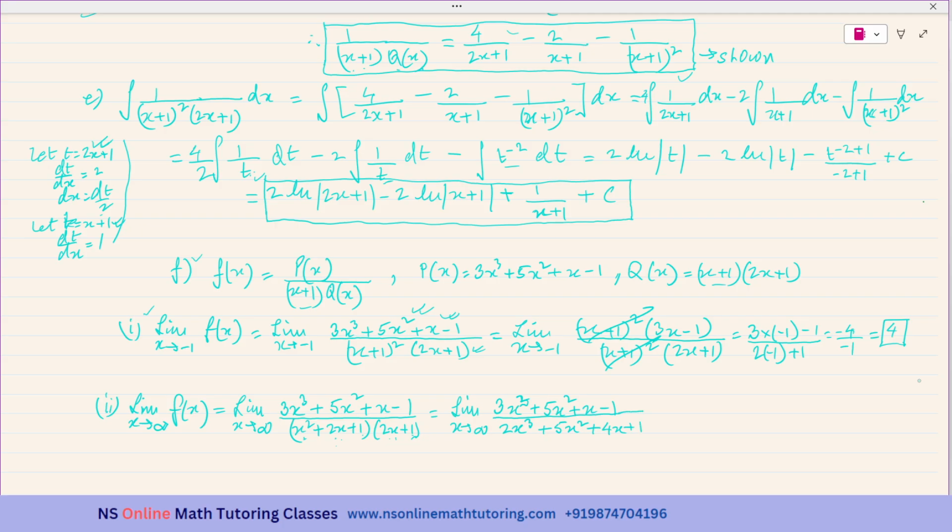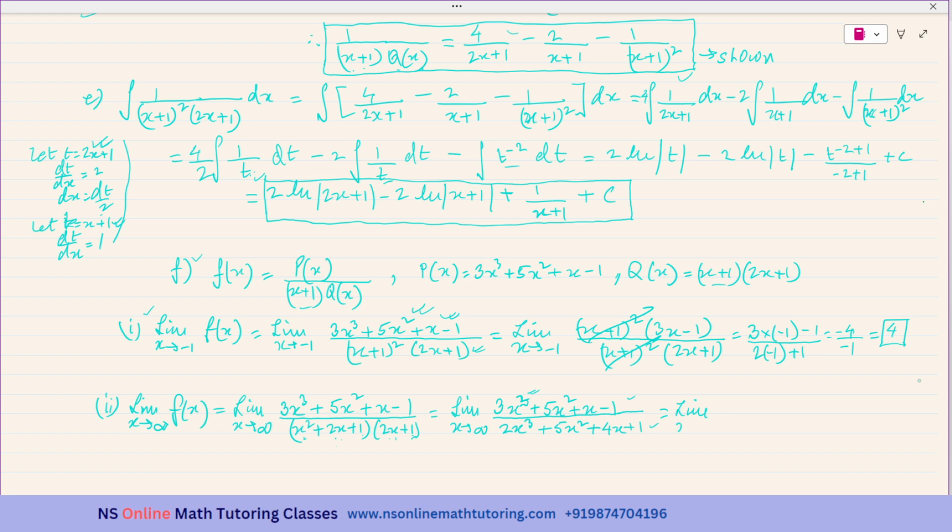Okay. And I am dividing both the numerator and the denominator by the highest power of x, that is x³. Because I want to get the expression in terms of 1 over x or 1 over x², because those will be tending towards 0 as x tends towards infinity.